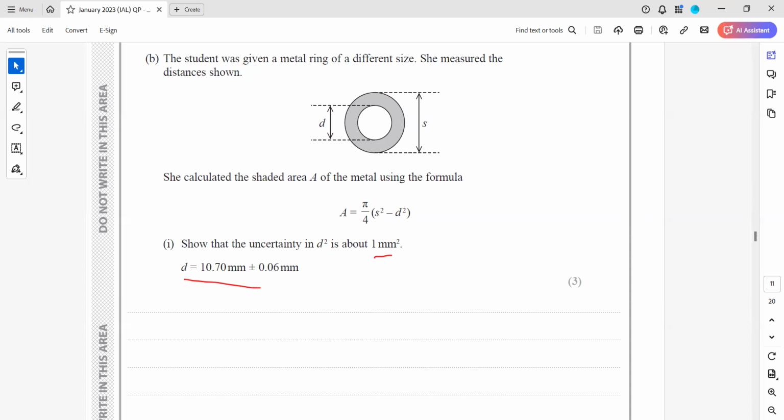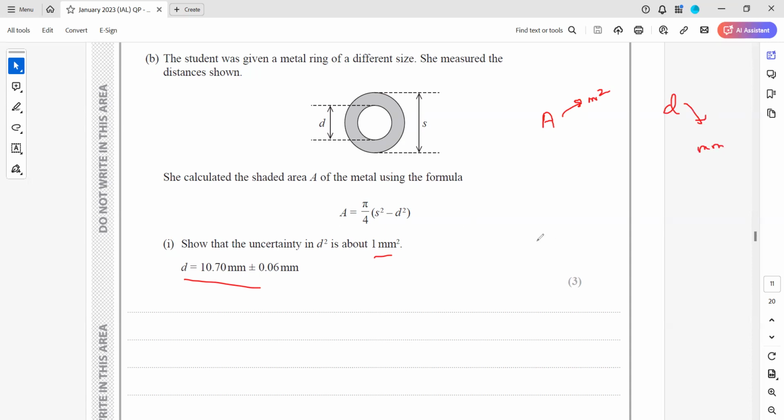Whenever a power is there, and when two quantities have different units, the first thing we have to do is work out the percentage uncertainty. We cannot directly mention the uncertainty, because area's unit is millimeter square and diameter's unit is millimeter.